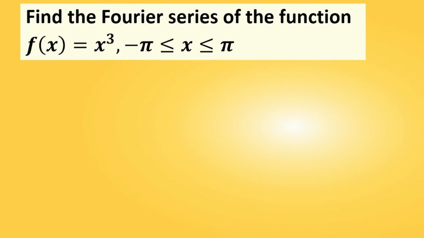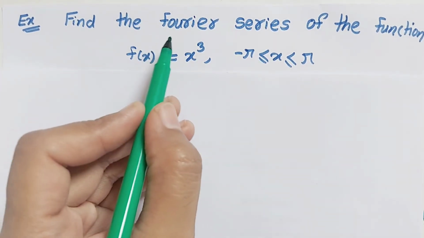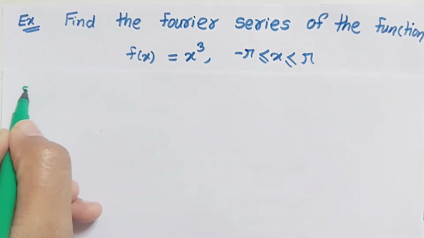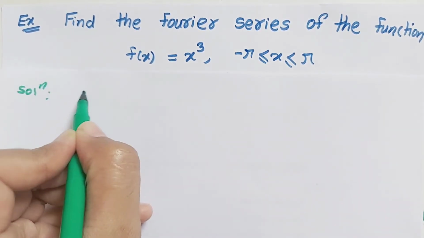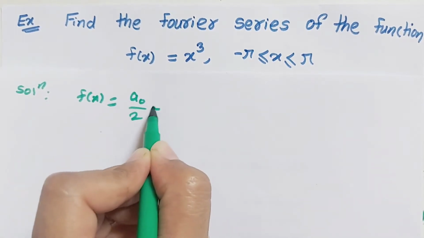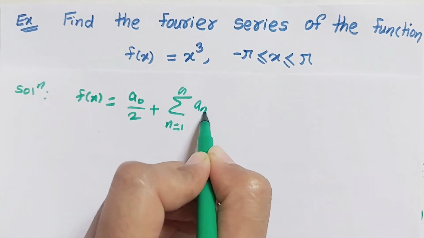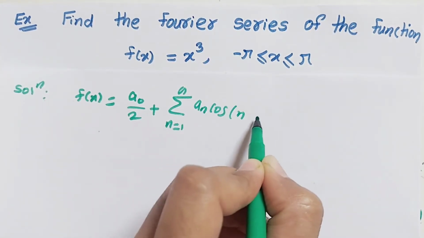So using this concept, we discuss this example. How to solve this example? Here we have to find the Fourier series, and we know that the formula of the Fourier series is f of x equals a0 by 2 plus summation n varies from 1 to infinity of an cos nx.